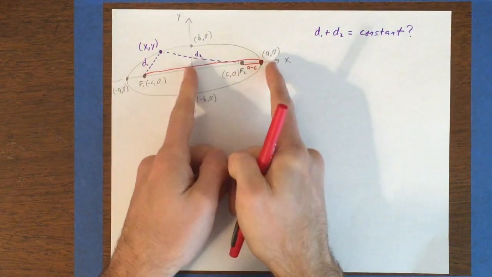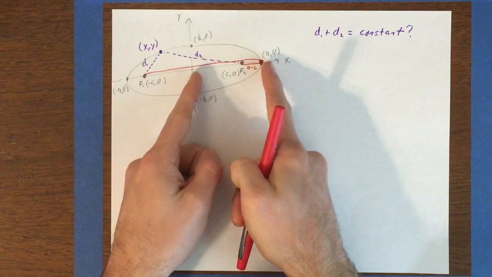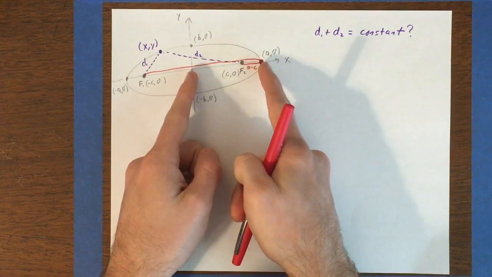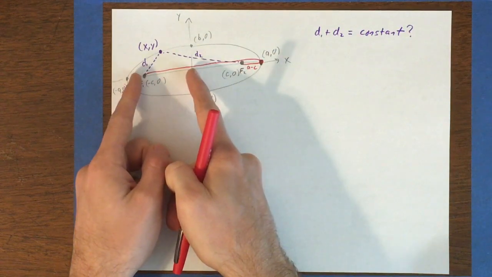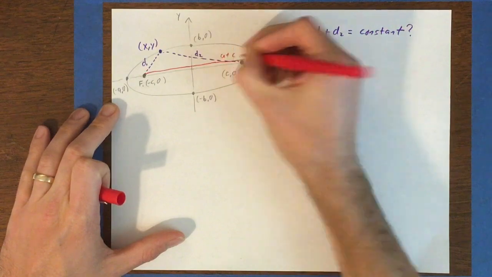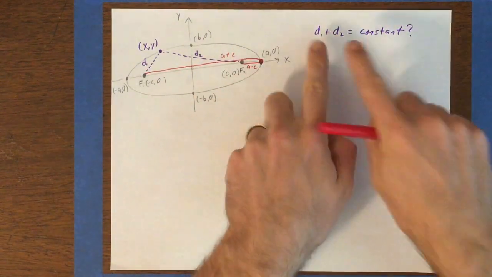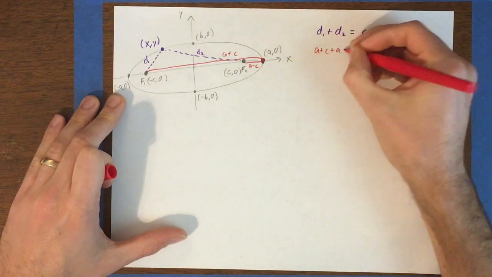The other one is that total distance there. That's a, from the center to this endpoint on the ellipse, and then plus that distance. That distance was c. So that's a plus c. So the two distances added together, in this case, are a plus c plus a minus c.